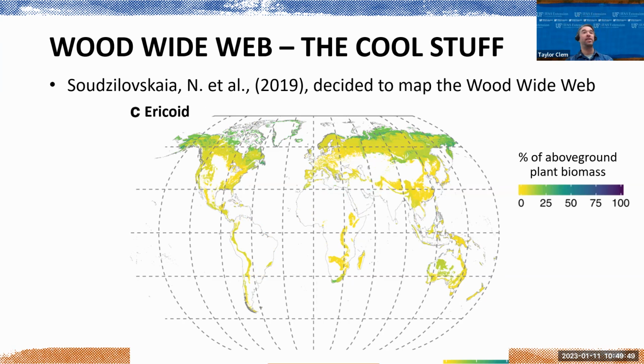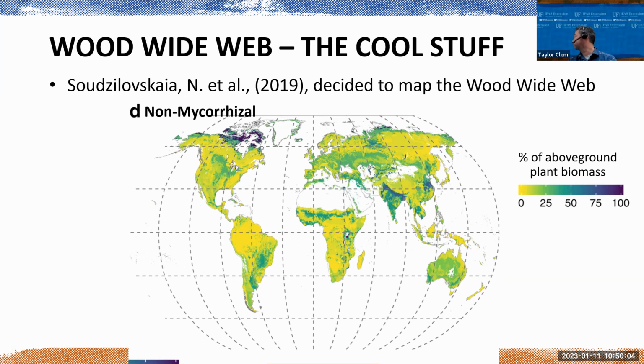You can see that distribution only really exists in very specific parts of the world. Even in this ericoid map, it's hard to see, but in South Florida, these types of connections can't really exist unless we specifically try to make them occur. And then we can see the non-mycorrhizal connections based off of plant taxa.